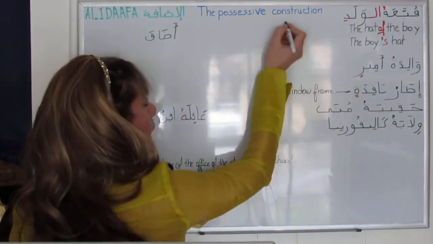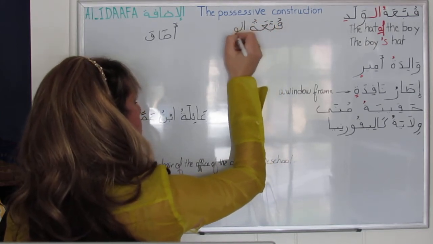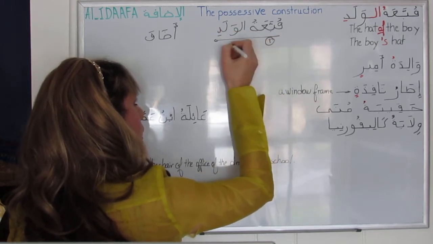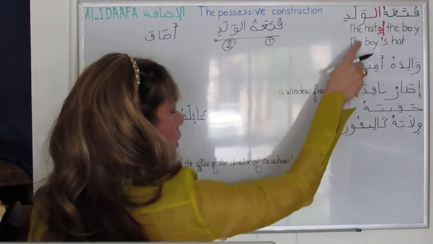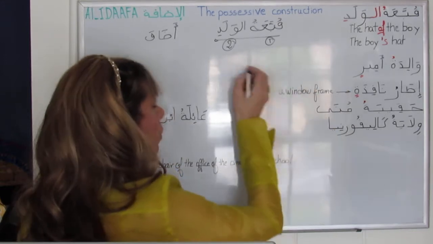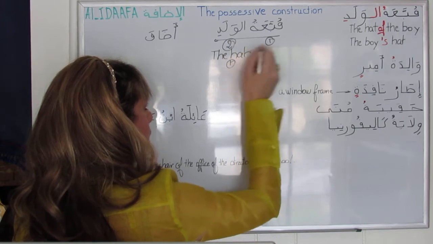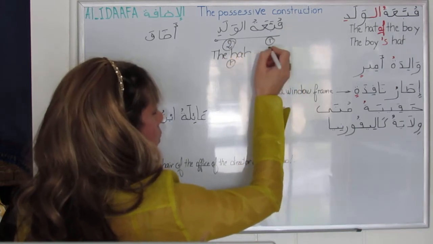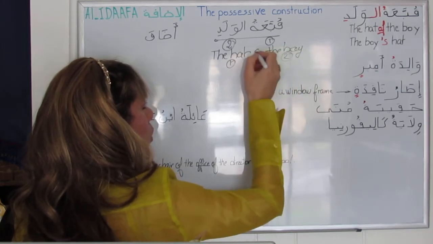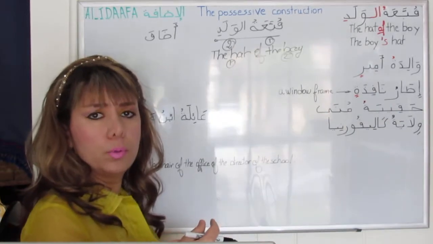So قبعة الولد, we have the first noun and the second noun. And with this translation, the hat of the boy, the hat is the first, as in Arabic, and the boy is the second. So it's the same order with the of link. But the boy's hat is the opposite order.